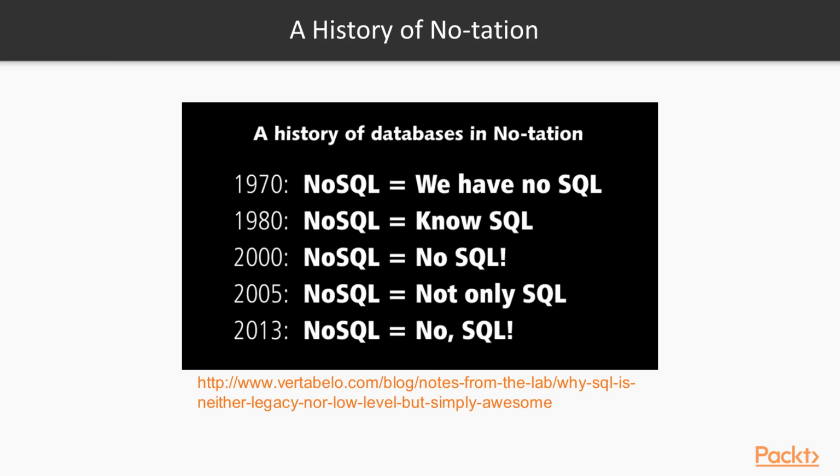And back in 2013, there was a pretty funny graphic that went around called History of No-tation, given that it was for NoSQL. So back in the 1960s and 1970s, when SQL needed to be invented, there was a term that says, well, we have NoSQL. And then, of course, people said NoSQL because now it's popular and you have to know it, so K-N-O-W. And then in the 2000s, databases became very critical to a lot of the internet infrastructure.